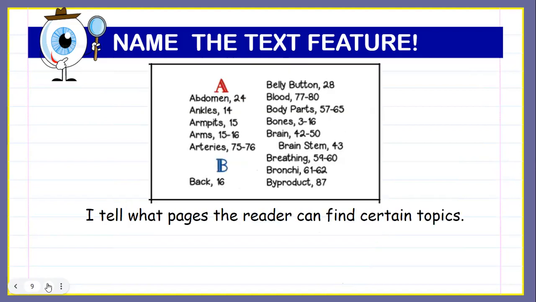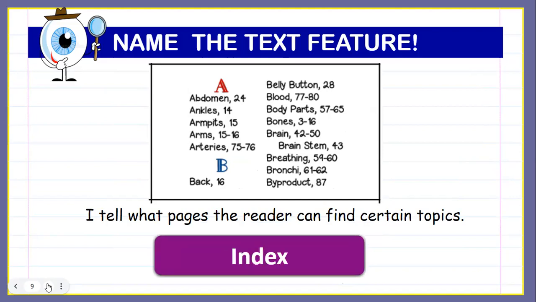All right, so name the text feature. I tell what pages the reader can find certain topics. Now, what text feature could this be? Think about it. If you said index, then you are correct.